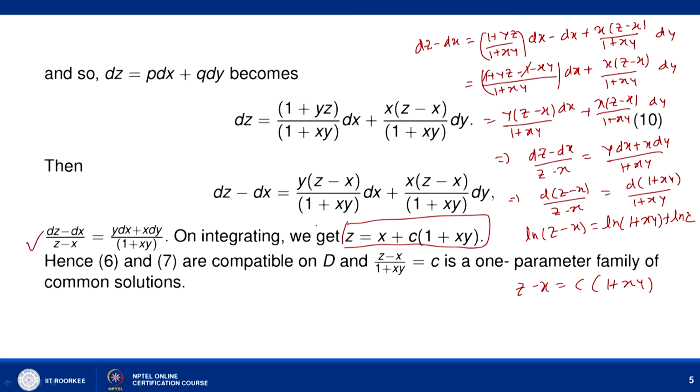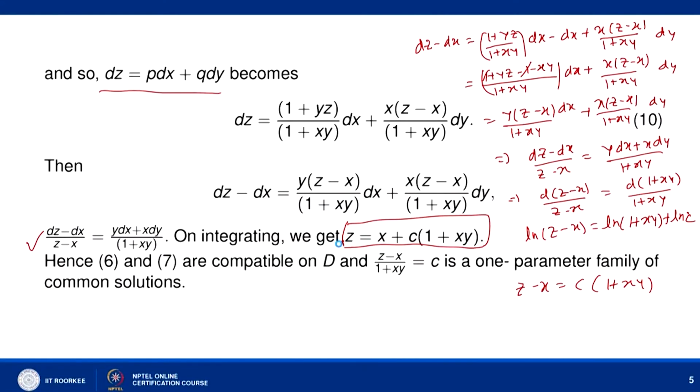Since we are able to integrate dz equals p dx plus q dy, we are able to find the expression of z in terms of x and y involving one parameter. So we say that this is a common solution of both equations, a one parameter family of common solutions.